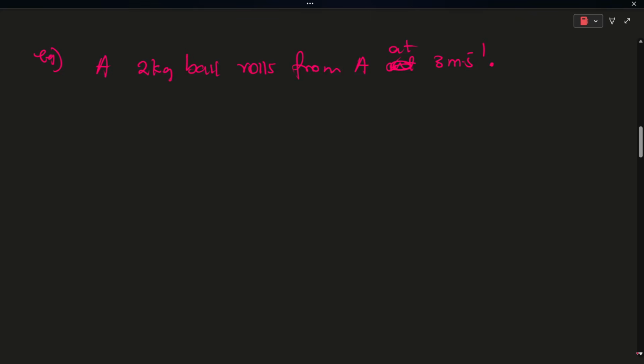Okay. Now the question is: determine the maximum height the ball will reach at B. That is the thing.